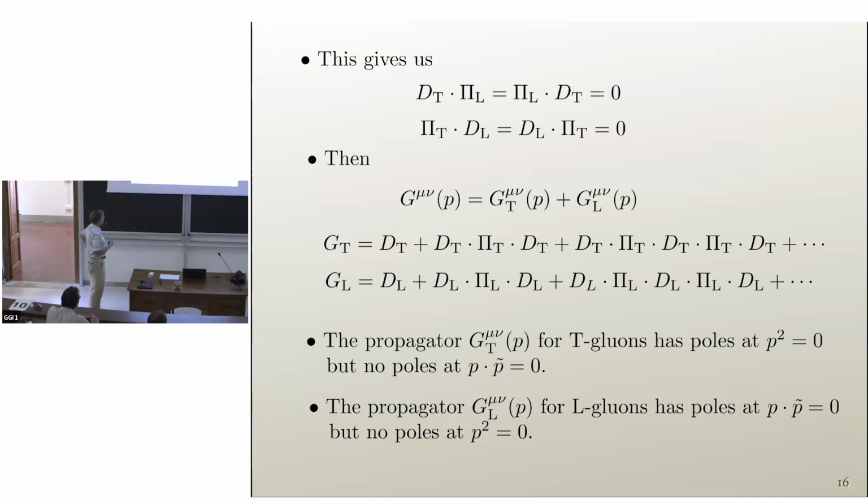So that just breaks the complete gluon propagator into two pieces, one for propagating transverse gluons, one for propagating L gluons. The G transverse one, that's for the T gluon, has poles at P squared equals 0, but no poles at P dot P tilde equals 0. And the propagator G L has poles at P dot P tilde equals 0 if you expand it out. So term by term, it has poles right there, but no poles at P squared equals 0. So it's completely separated.